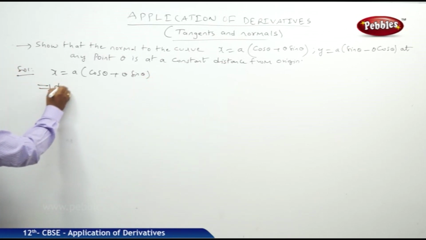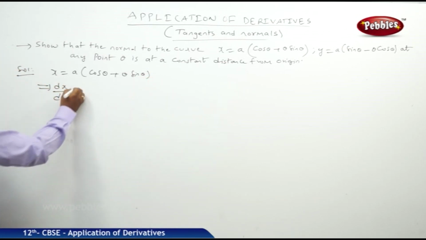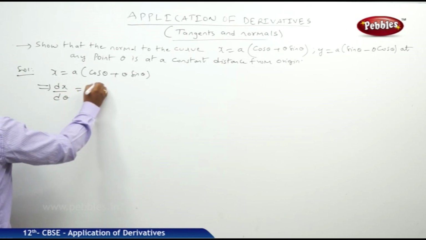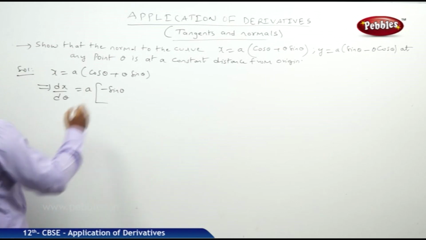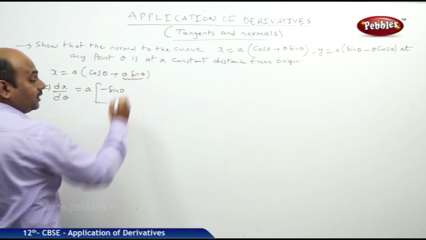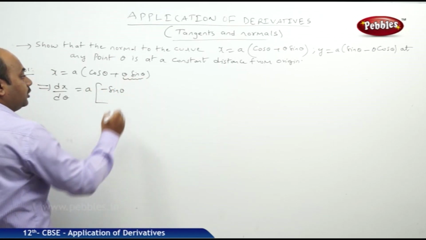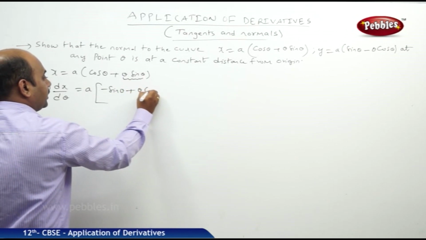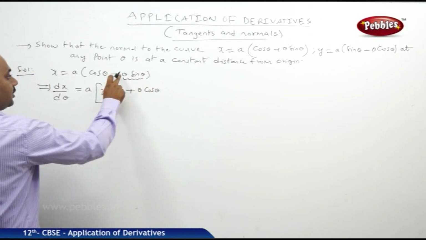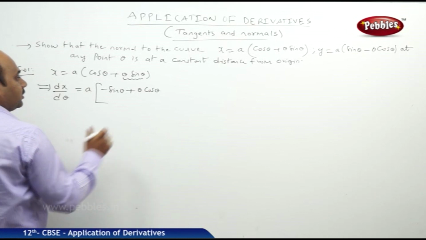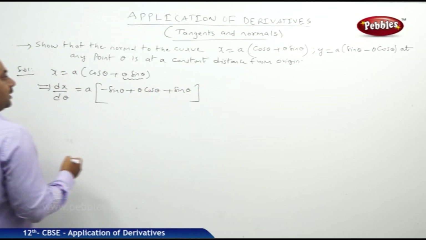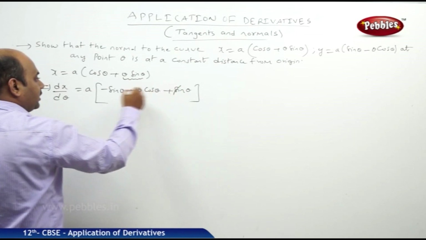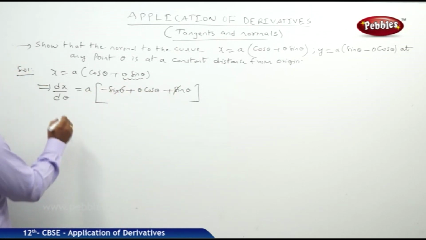So first I will find the derivative with respect to theta. So a is a constant, cos theta derivative is minus sin theta, and here theta sin theta is there, so I need to apply the UV rule: plus theta cos theta, because theta into derivative of sin theta will be cos theta, plus sin theta into derivative of theta will be 1. So sin theta will get cancelled.